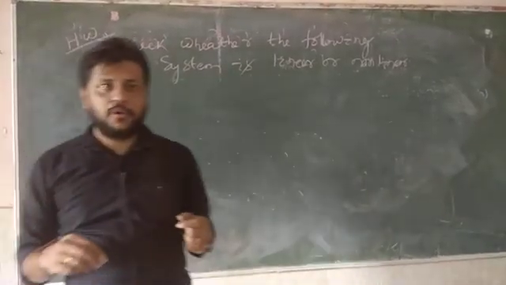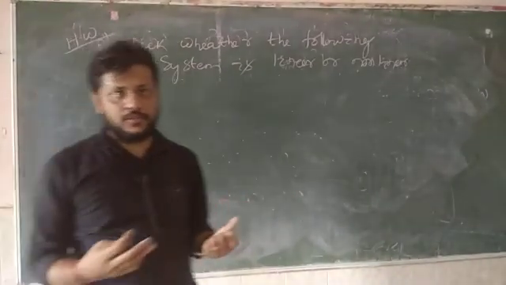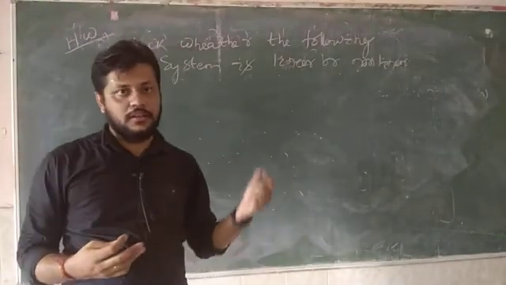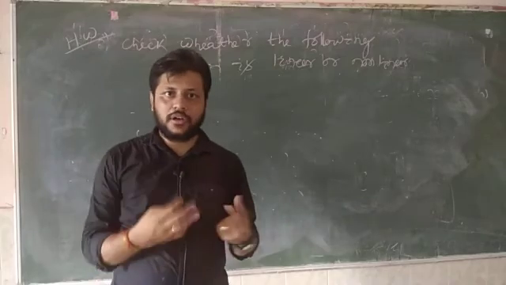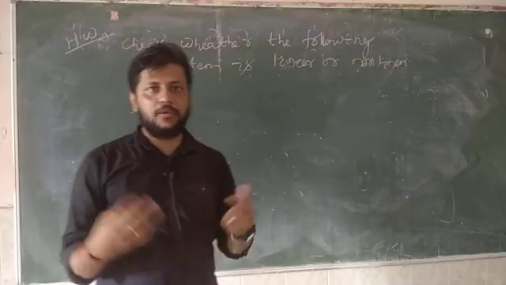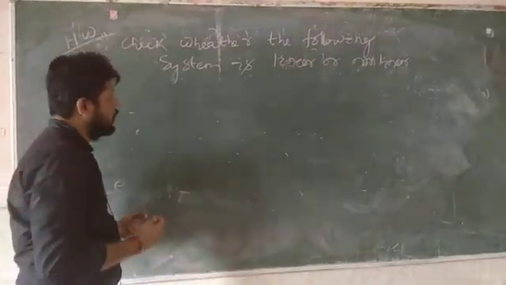By comparing the input and output, we are verifying the system. You don't know about the system; they will provide you the input and output relation, and from that relation we have to verify whether the system is linear or non-linear.